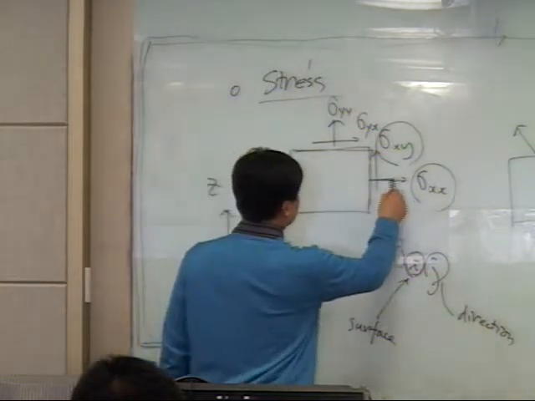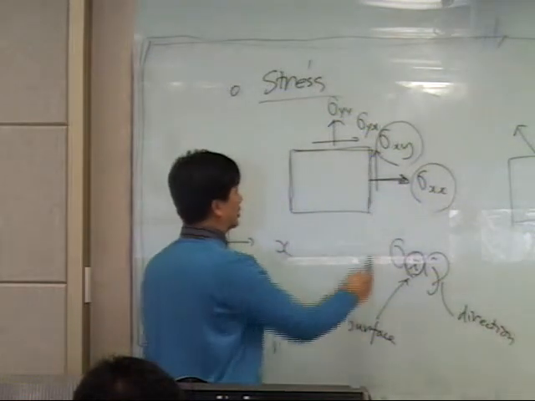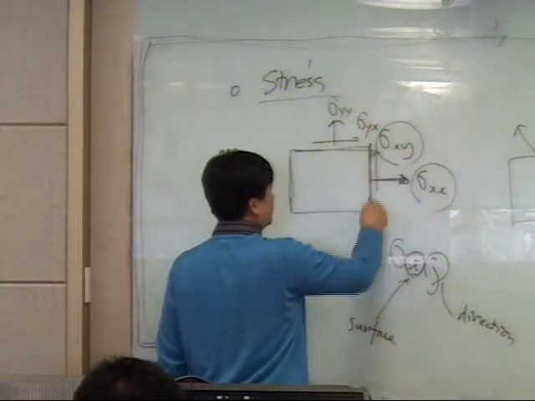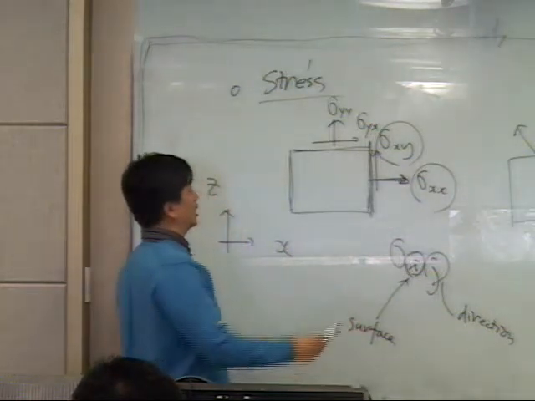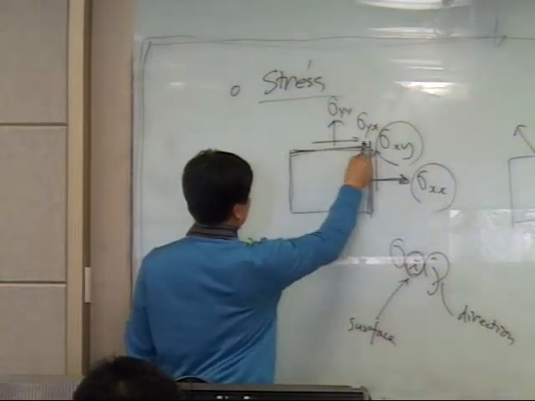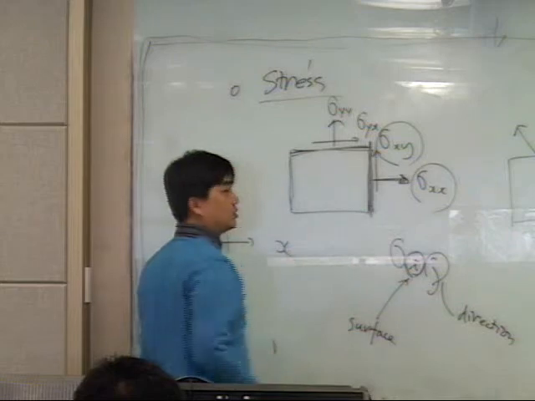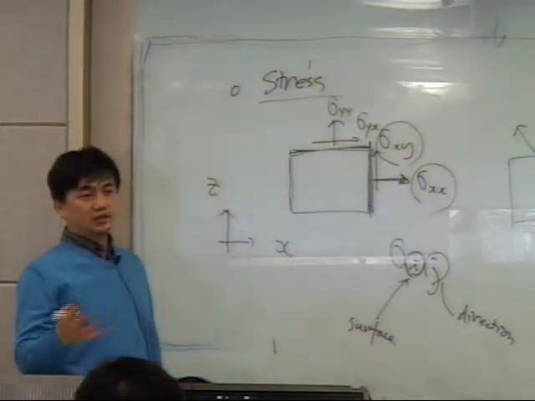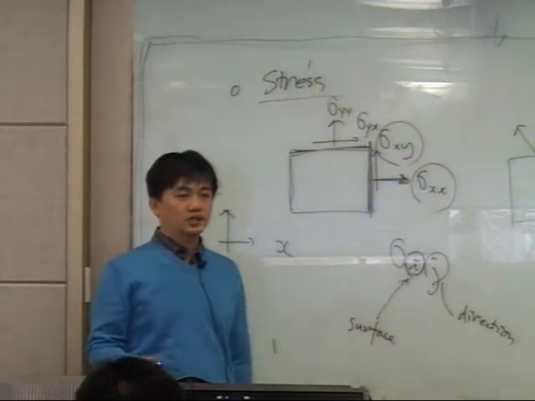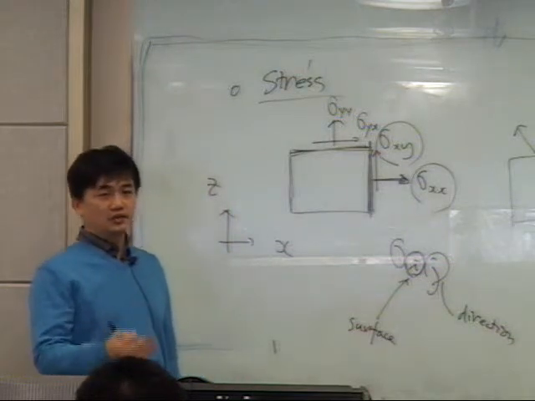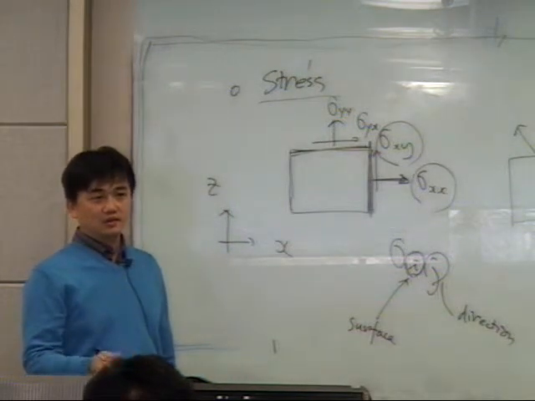The x direction can define this surface, and the y direction can define this surface. Surface can always be defined by its normal vector, okay?